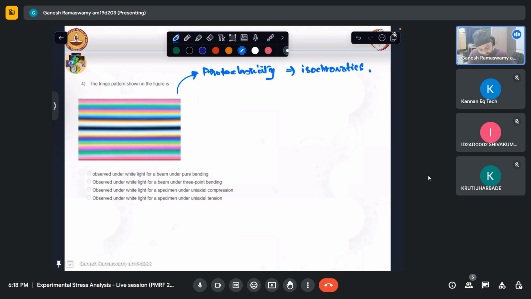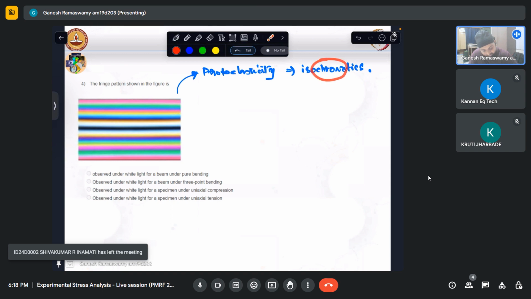Why is it called isochromatics? Iso means same, as in isotherm, isobar. So iso generally represents the locus of all the points that are indicating the same parameter. And chroma means color.